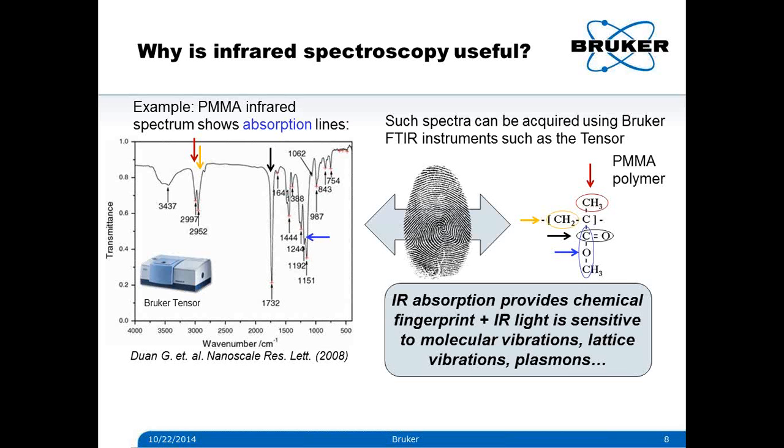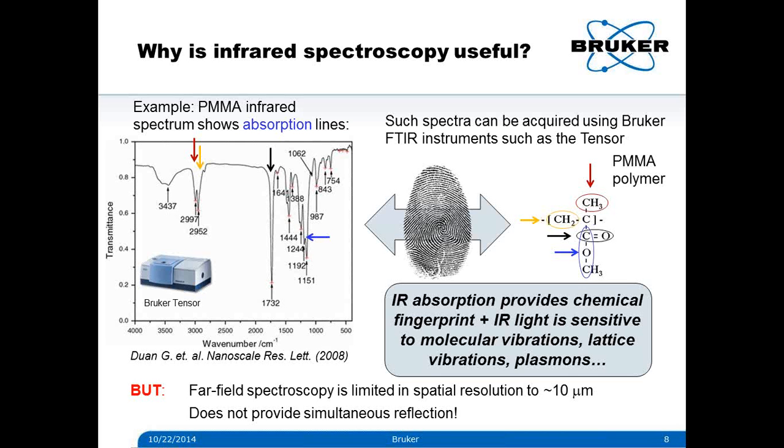But the drawback with these far-field techniques is that you are limited in what you can actually resolve. You have the diffraction limit, which in this case is around 10 micrometer. So you cannot resolve features that are smaller, which is a big drawback, because there's a lot of information hidden on the nanoscale, as we will see later on.